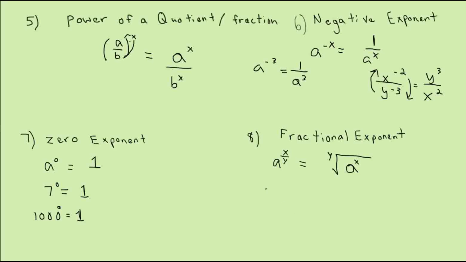So for example, if we have x to the 1/2 power, we raise the x to the 1 power, so x to the 1 power, and our radical is going to be radical 2.